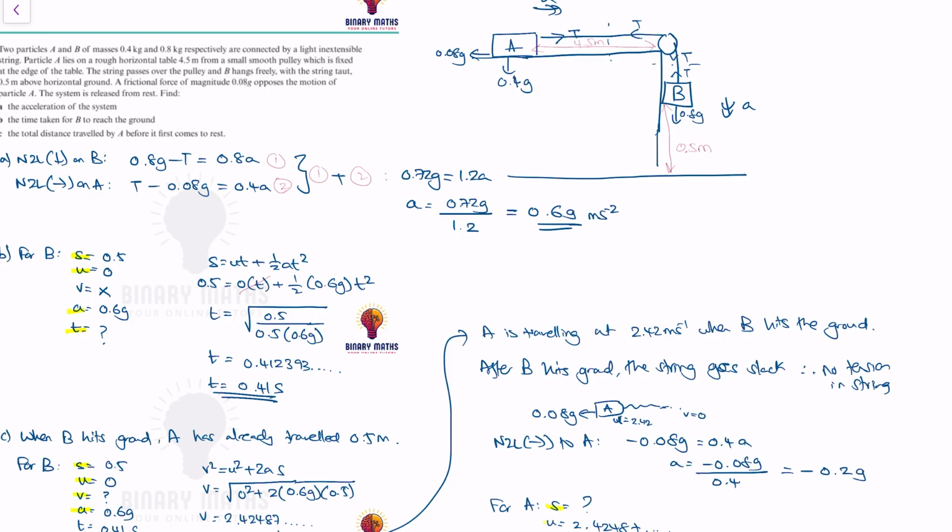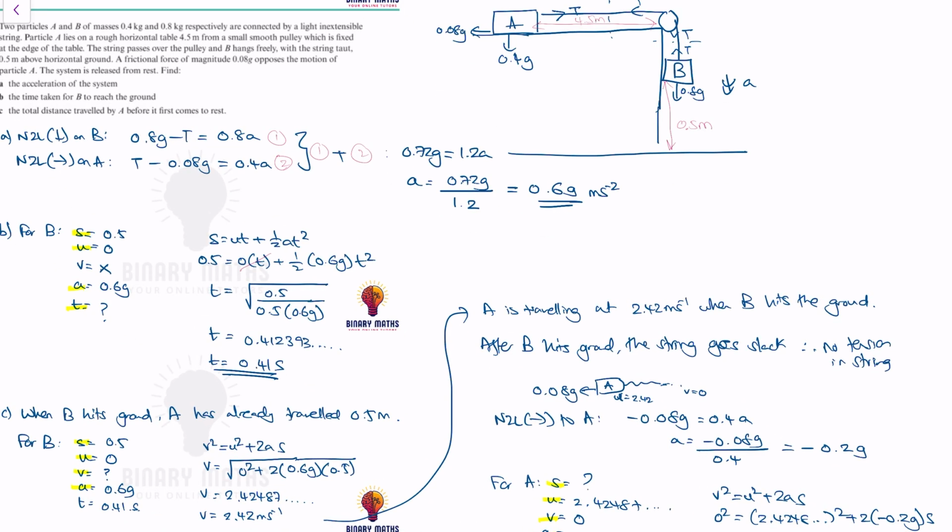So we've got SUVA, which means v squared is equal to u squared plus 2as, which means 0 squared is equal to 2.4248... squared plus 2 times negative 0.2 times g times s. If I rearrange it, s will be equal to negative 2.4248... squared divided by 2 times negative 0.2g.